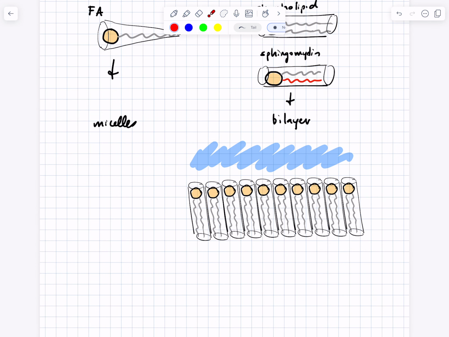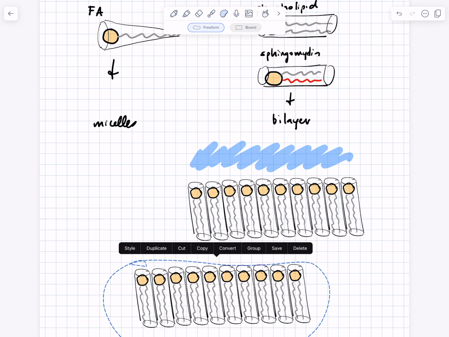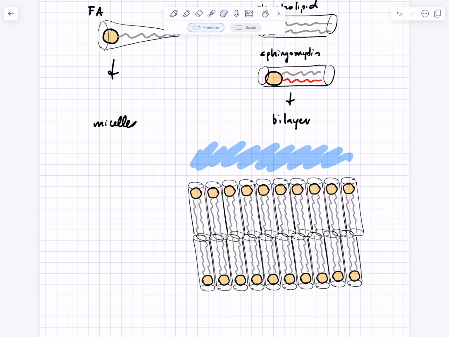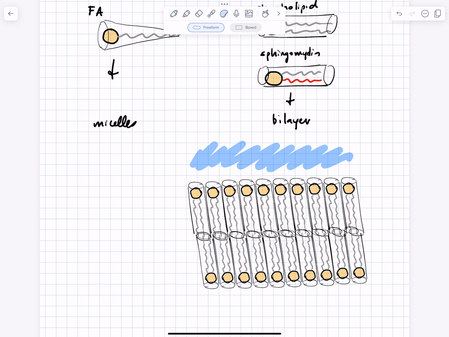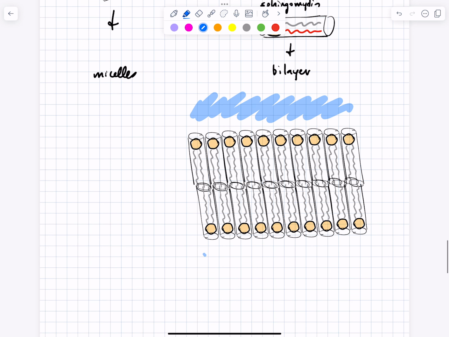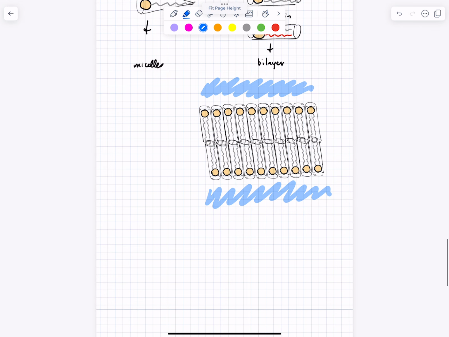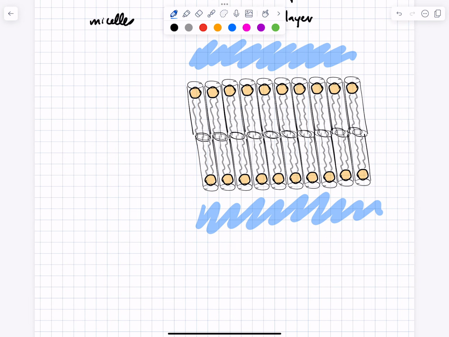Over time, as concentration increases, what happens is one monolayer interacts with another monolayer, and they put their nonpolar tails together, and then this thing can exist in water with an inside and an outside. And overall, what this is going to make is a bilayer or a vesicle where the polar head groups are here.